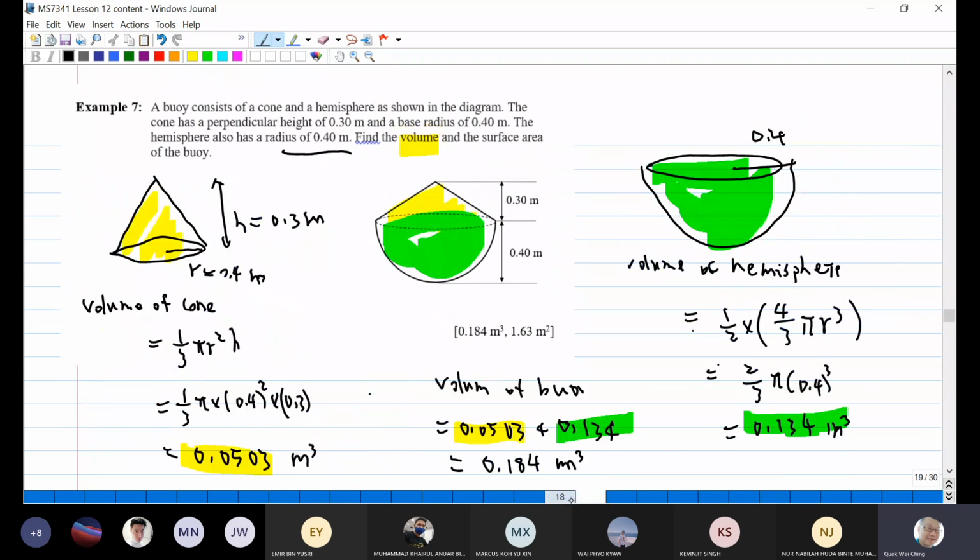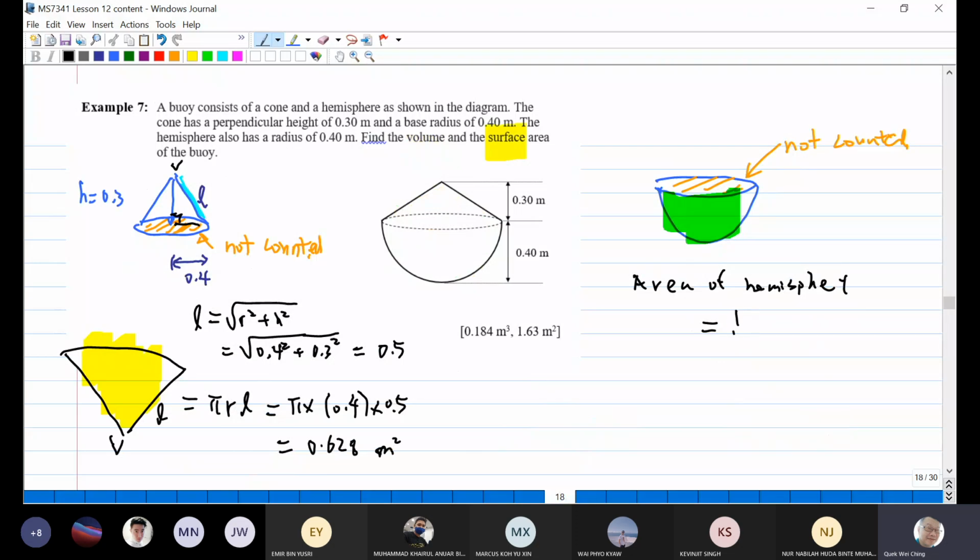So half of 4 pi r squared is 2 pi r squared here. So this is 2 pi times r, where r is 0.4.